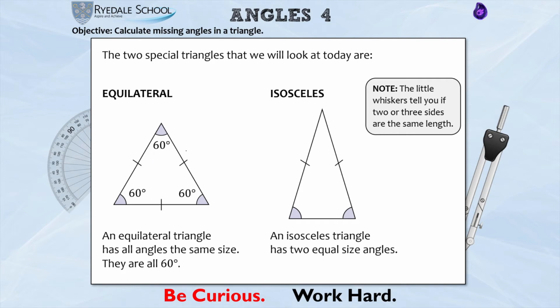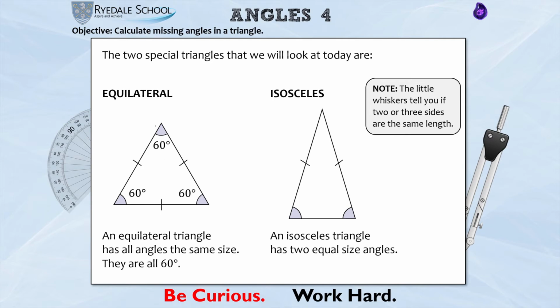Which means an equilateral triangle actually doesn't come up very often in questions or in exams, because all the angles are 60 and you're pretty much done. There's nothing to work out, but it can occasionally pop up, so it is worth knowing that in an equilateral triangle, all the angles are 60.